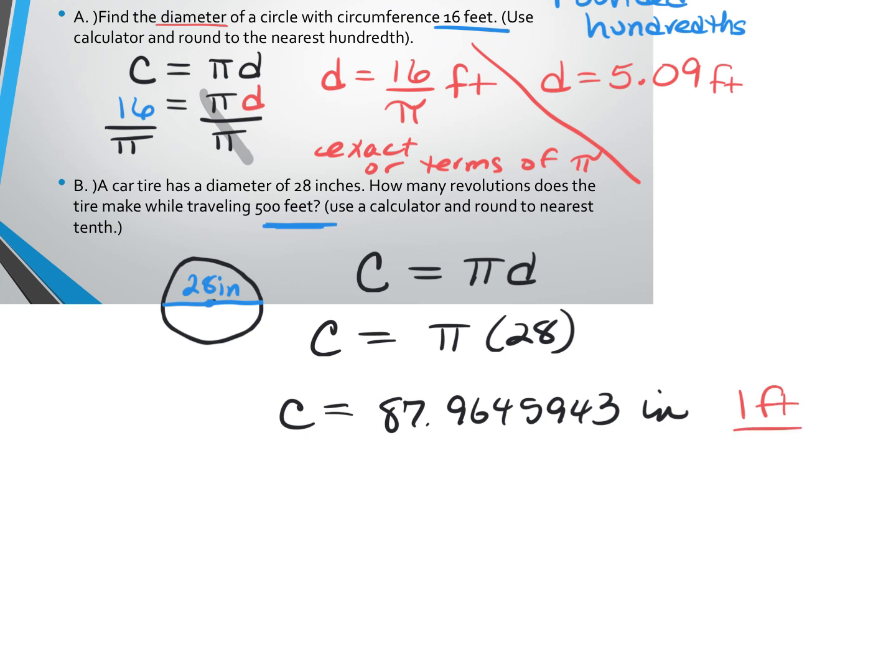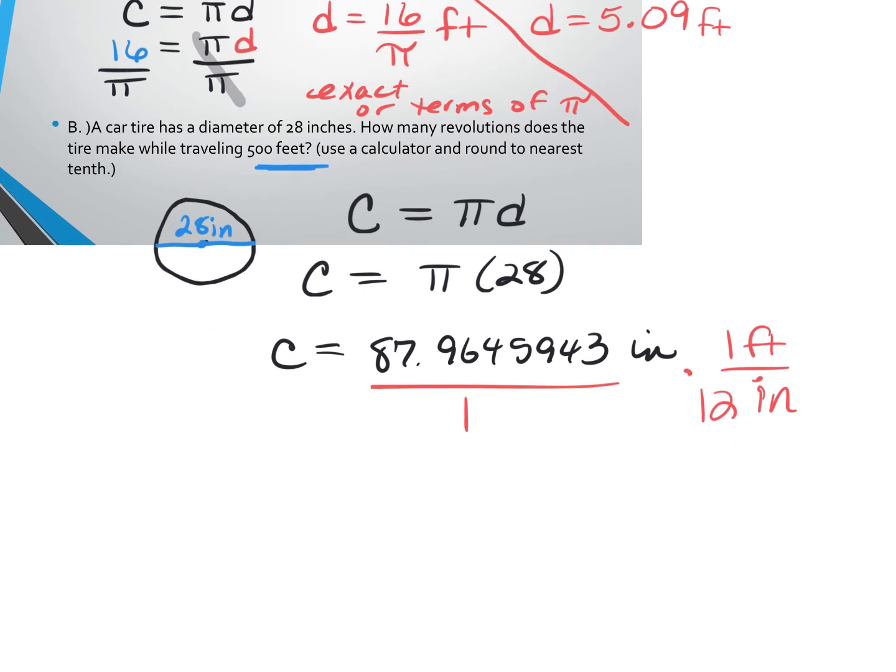So 1 foot over 12 inches is my conversion. I'm going to put a 1 here. So really I'm just going to multiply 87.9645943 times 1 and then divide it by 12. Once I divide that number by 12, my circumference is now in feet.